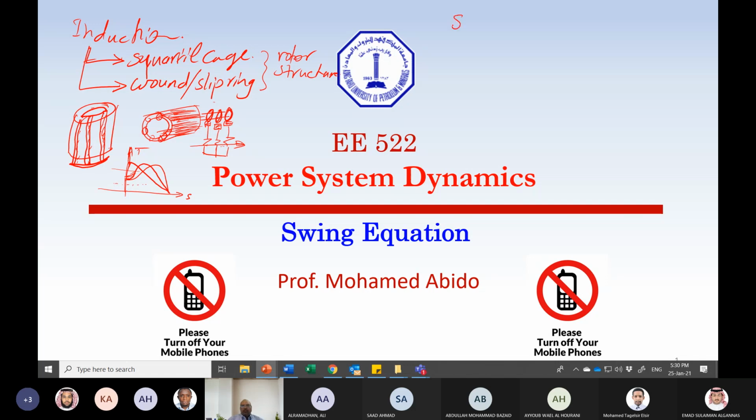And I'm asking about the synchronous. Synchronous, we have a similar classification. We have what we call cylindrical or round rotor. In the round rotor, you have a rotor with winding, slots, and winding, and so on.